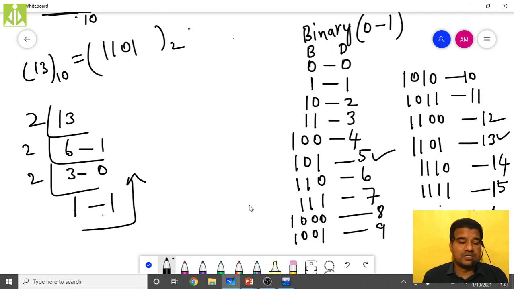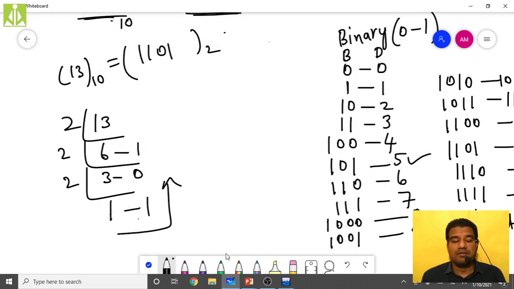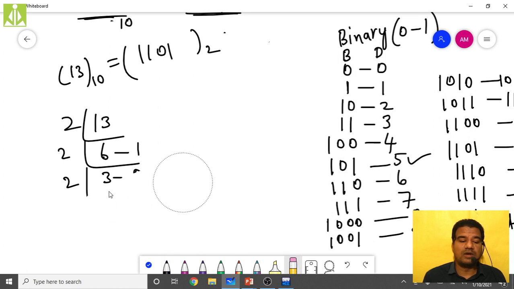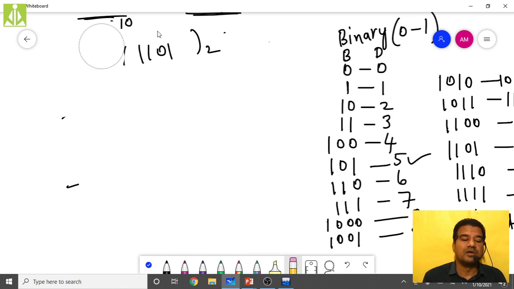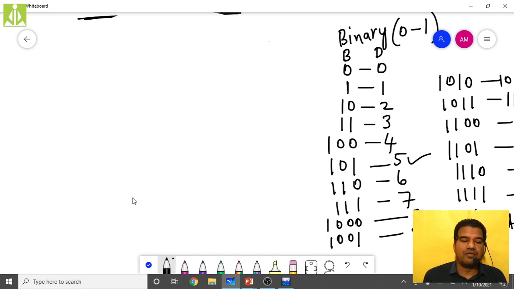So the last number, that is 15, we do now. 15 in decimal, what will be in binary? 15 to the base 10, what will be in binary?